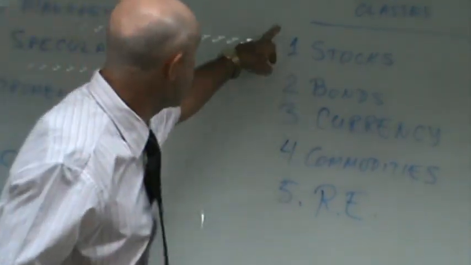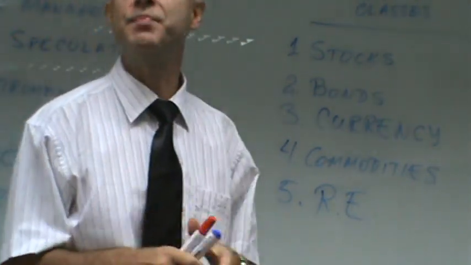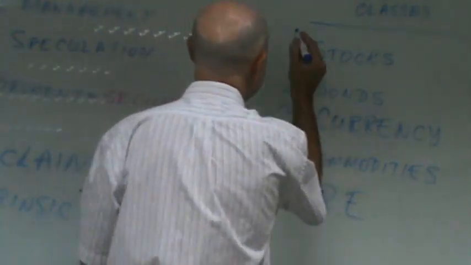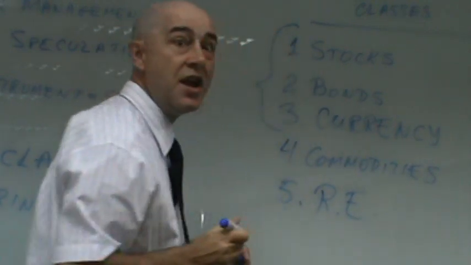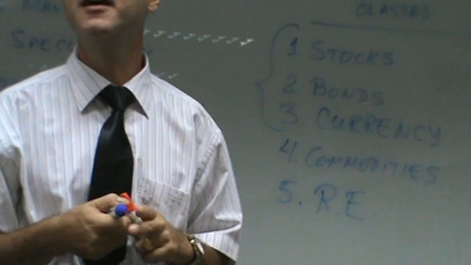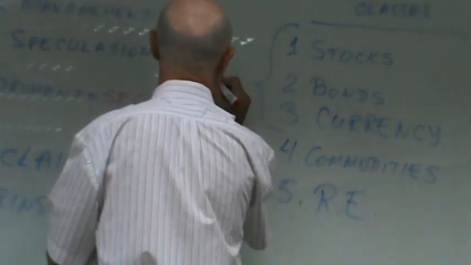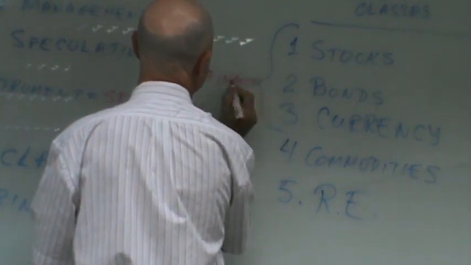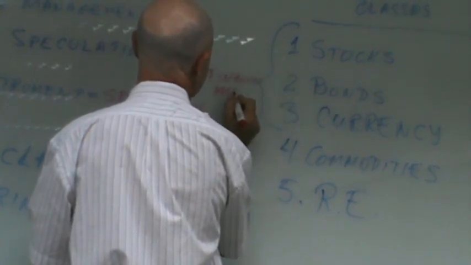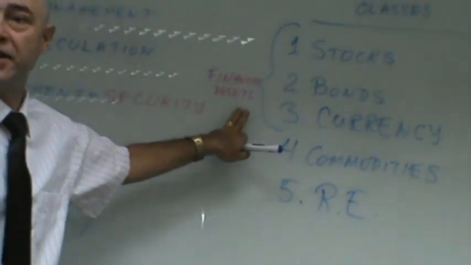Why I put currency here and real estate here is simple. These 3 are financial assets.